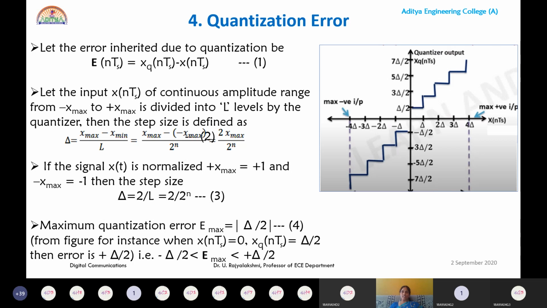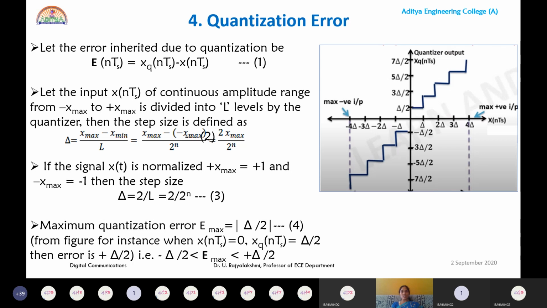At x of NTS equals 0, the staircase output xq of NTS goes to a maximum of delta by 2. So whenever x of NTS equals 0, xq of NTS is delta by 2.